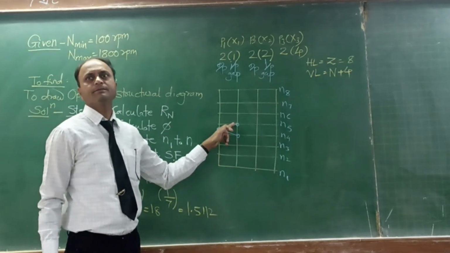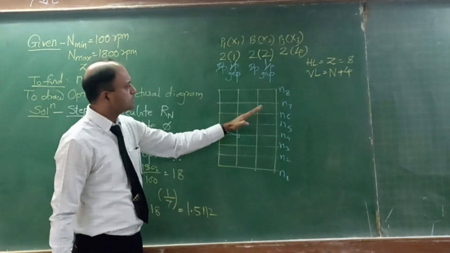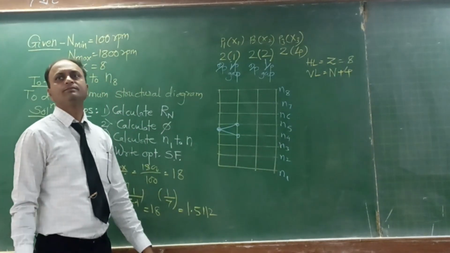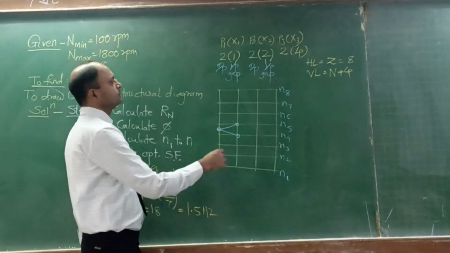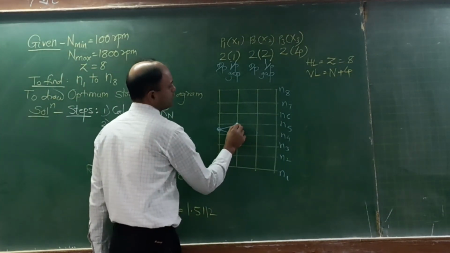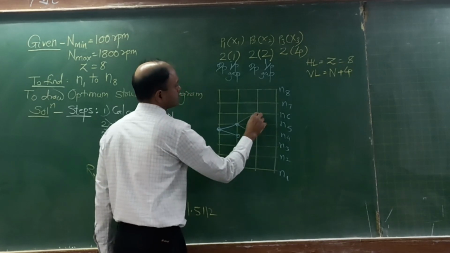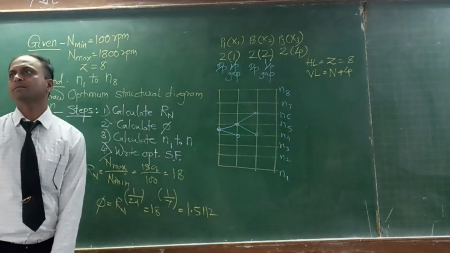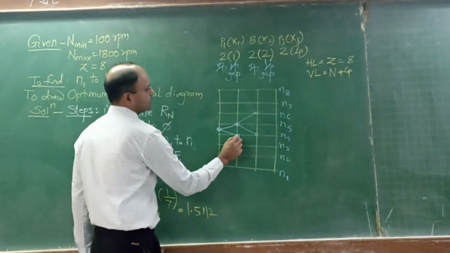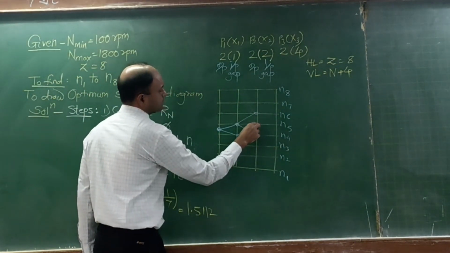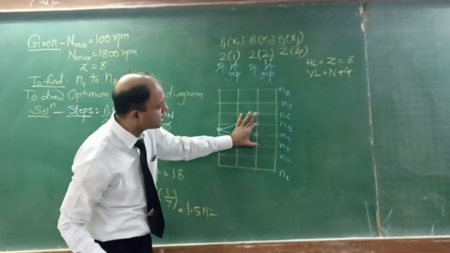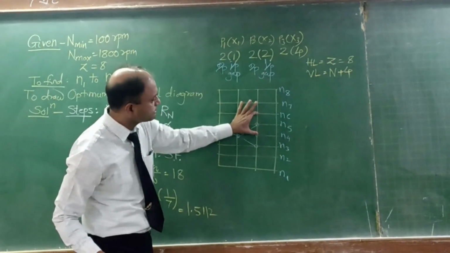So N6 and N4, then N5 and N3. Here we have maintained a gap of 2, here also a gap of 2.